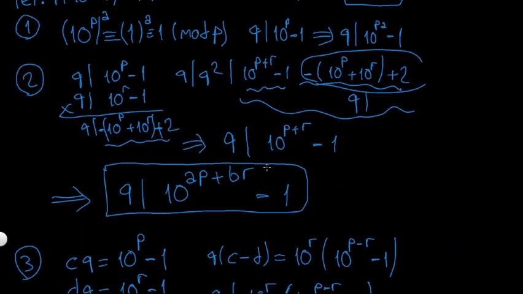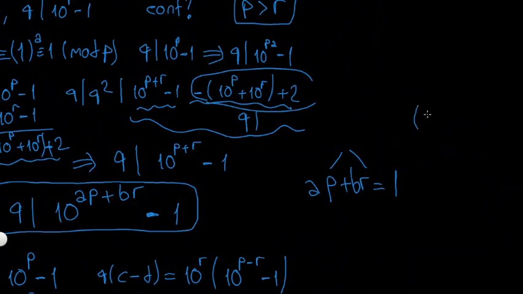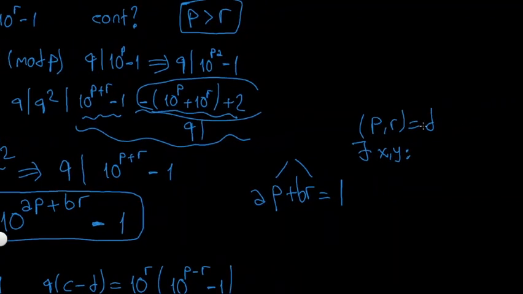So actually, after this step, I thought that if I pick p and r relatively prime, I can achieve ap + br being equal to 1 because of Bezout's theorem, which says that if, for example, the GCD of p and r is equal to d, then there exist integers x and y such that xp + yr is equal to d.